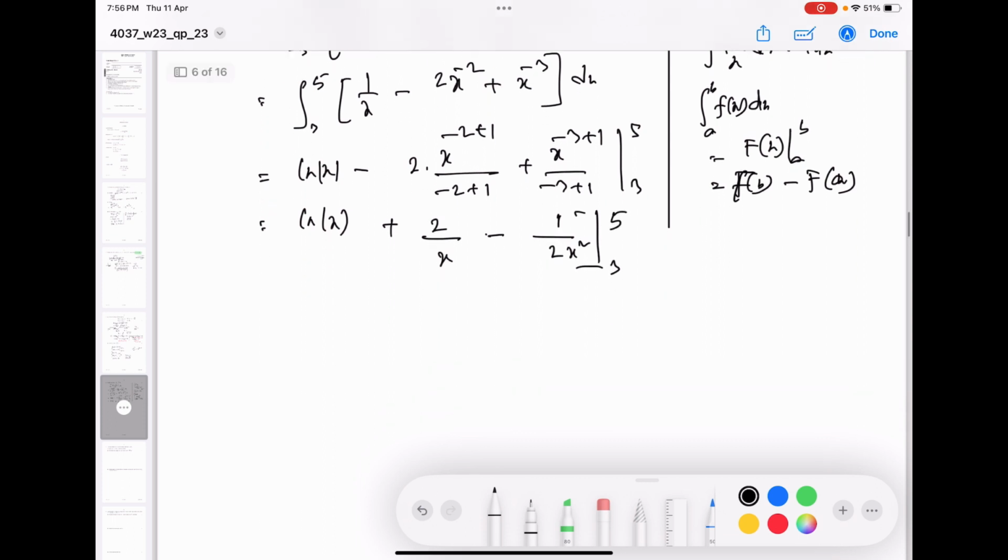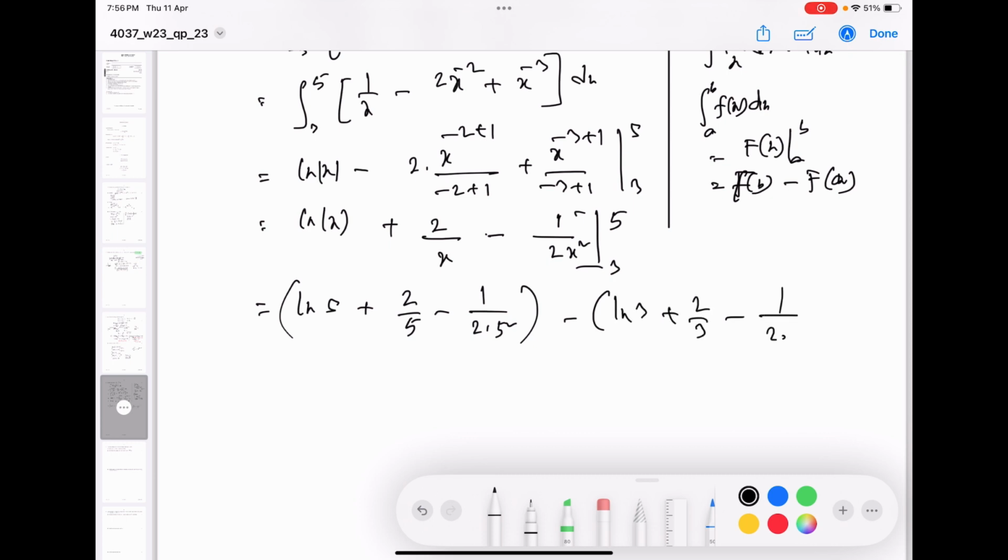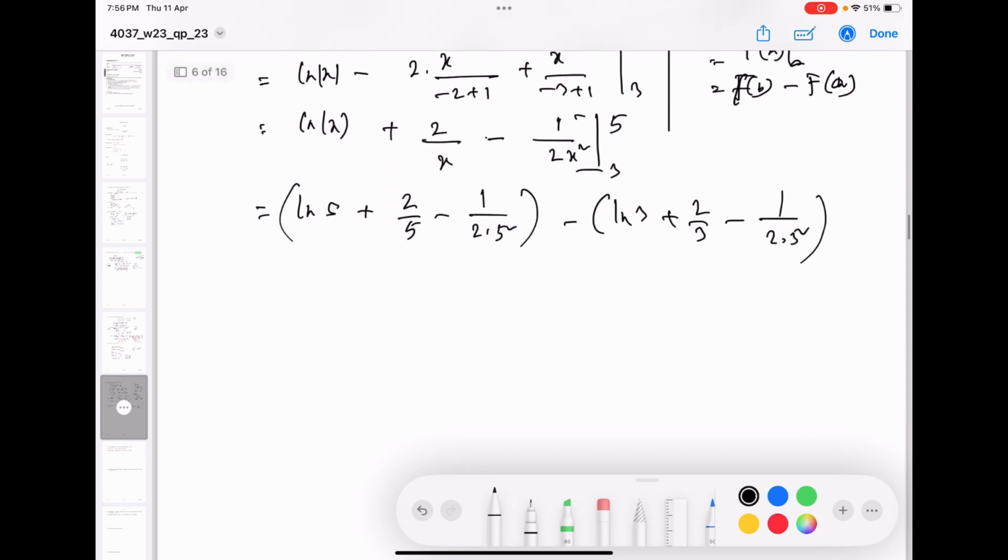Now substitute the x value, 5 first: ln 5 plus 2 by 5 minus 1 by 2 times 5 squared, and then minus ln 3 plus 2 by 3 minus 1 by 2 times 3 squared. Let us simplify.